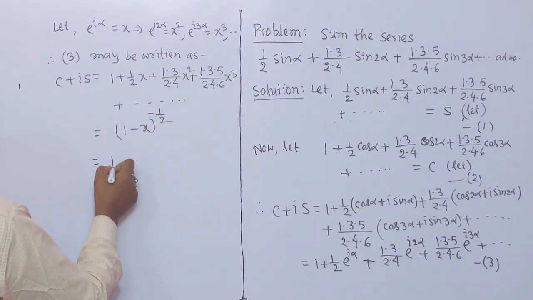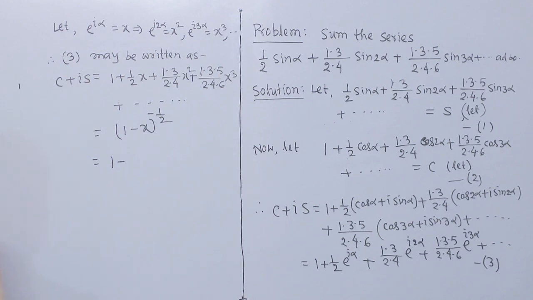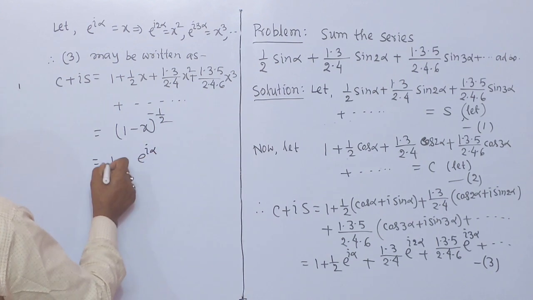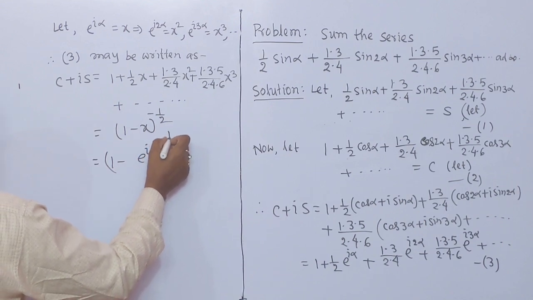This is equal to (1 minus x) where x is e to the power i alpha, to the power minus half.